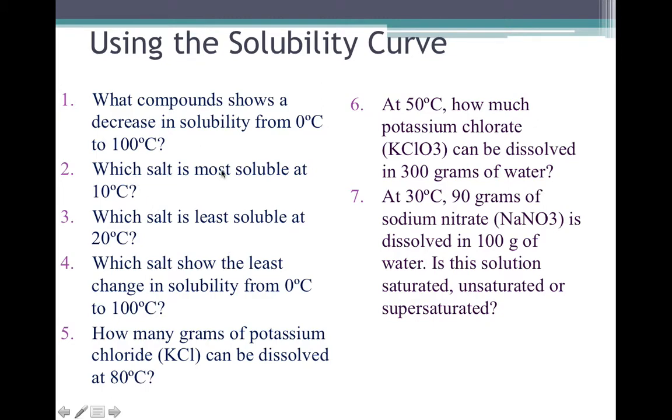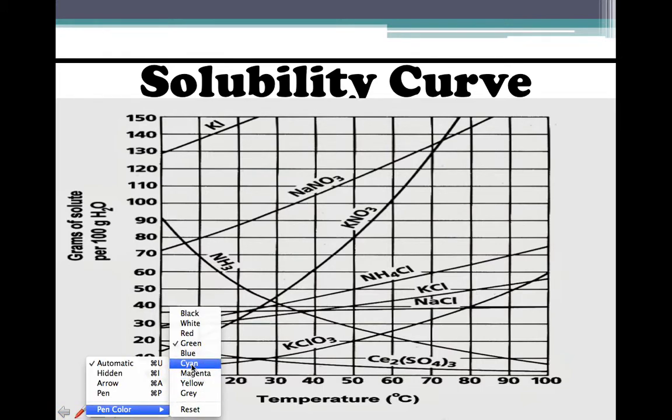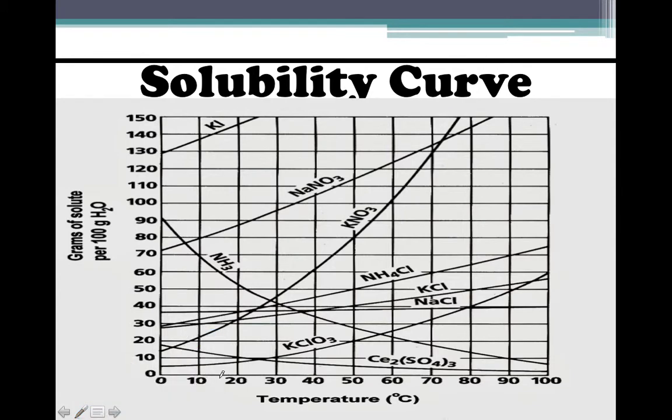Which salt is most soluble at 10 degrees? So I come over here and I look at my graph. At 10 degrees, let me circle 10 degrees. I'm going to go up the line all the way up until I find the highest line up there.